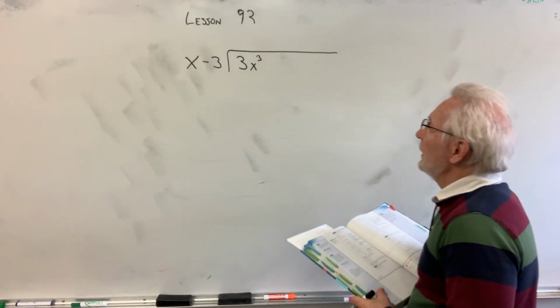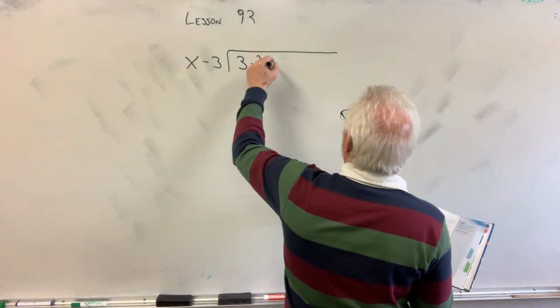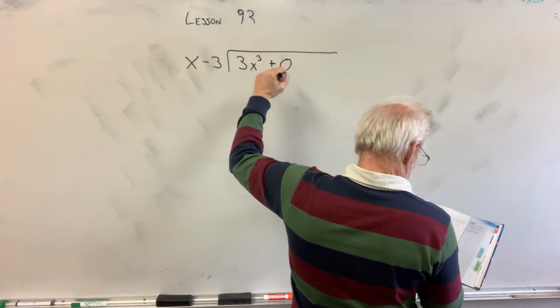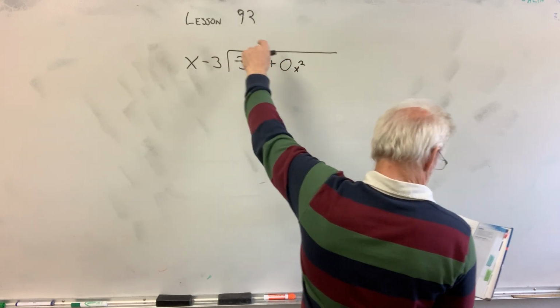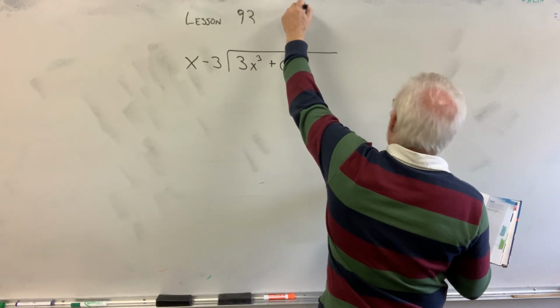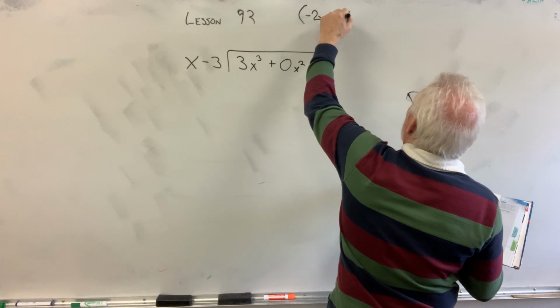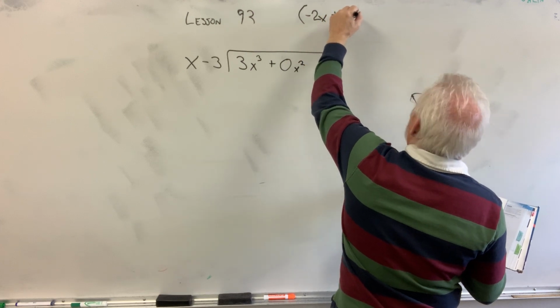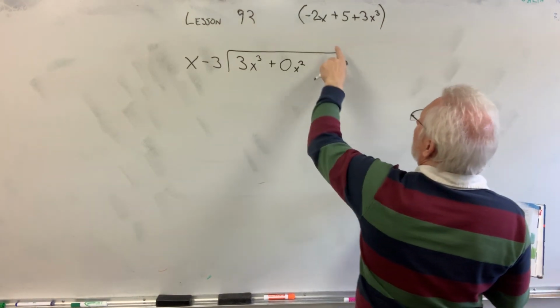Well, we need a place saver there. So what we have to do here is plus 0x to the second. There was no x to the second in that original equation. I probably should write it up here just so you can see. The negative 2x plus 5 plus 3x cubed. That was the original that was up here.